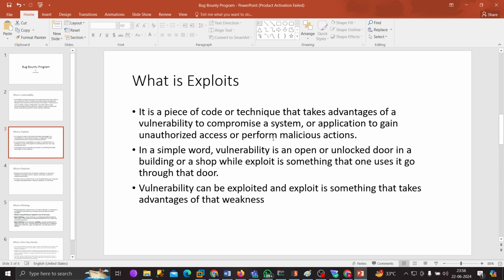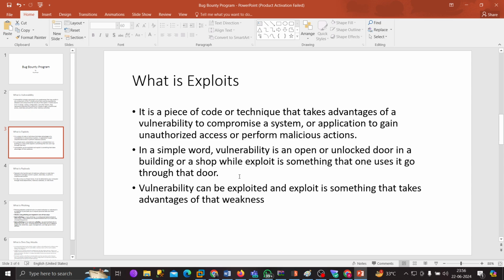In simple words, like in a house, if you have an unlocked door, in a building, in a home, or in a shop, like a grocery shop, that would be a vulnerability, because the gate is already open for everyone to come in without any proper authentication, right? That is the vulnerability, while the exploit is something that one uses to go through that door.